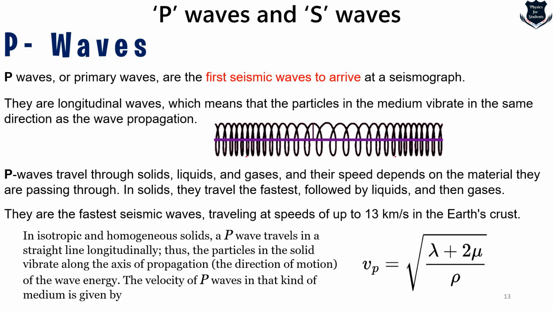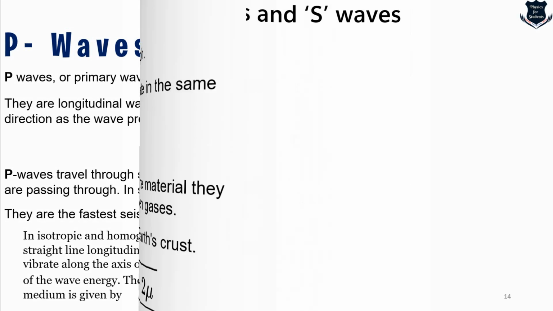Let us remember that P waves are the first seismic waves, called primary waves. They are longitudinal waves, they travel through solids, liquids and gases, and they are fastest in solids. In an isotropic medium the particles vibrate in the x-axis direction. This is the equation.